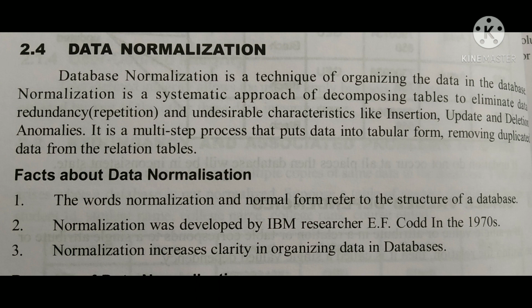The second one is the insert anomaly. In this one, a record about an entity cannot be inserted into the table without first inserting information about another entity. For example, you cannot enter a customer without a sales order.